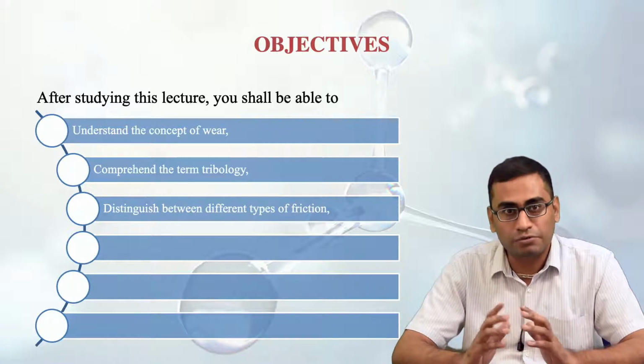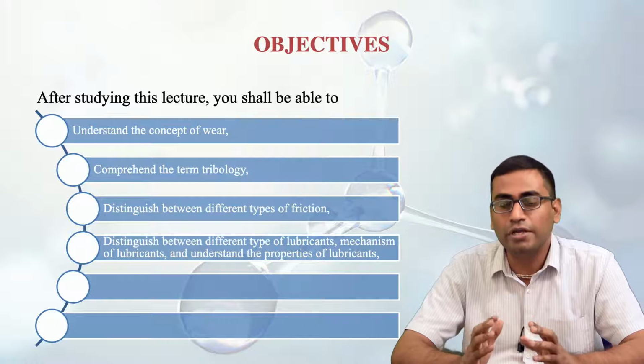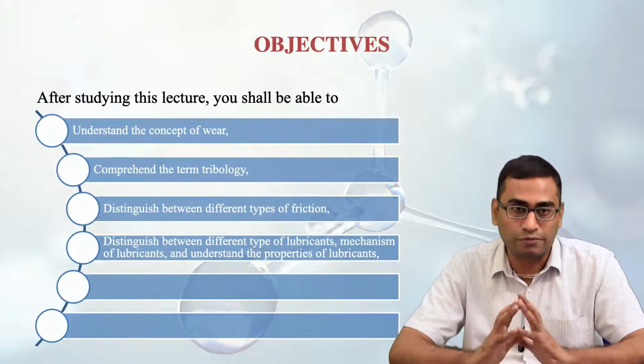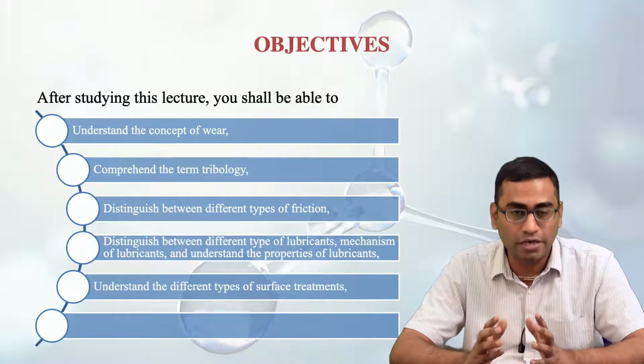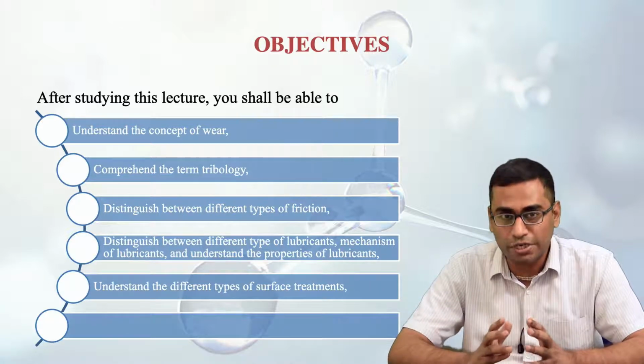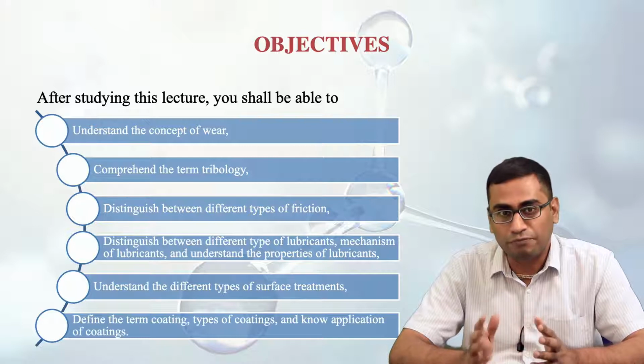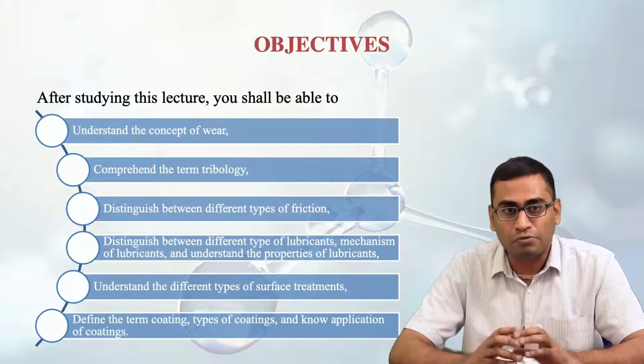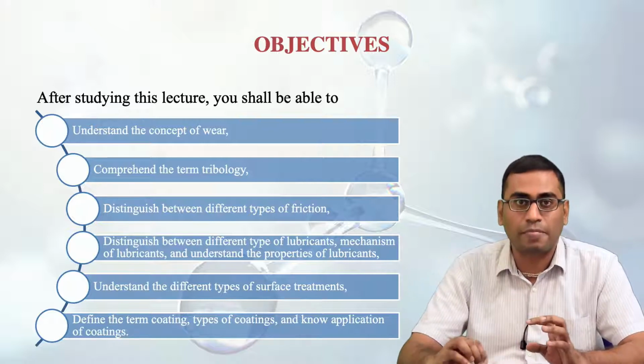You will distinguish between different types of lubricants, the mechanism of lubricants, and understand the properties of lubricants. You will also understand the different types of surface treatments, define the term coating, know the types of coatings, and know how to apply these coatings.